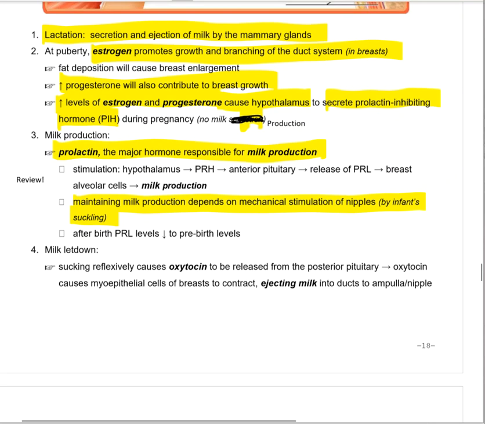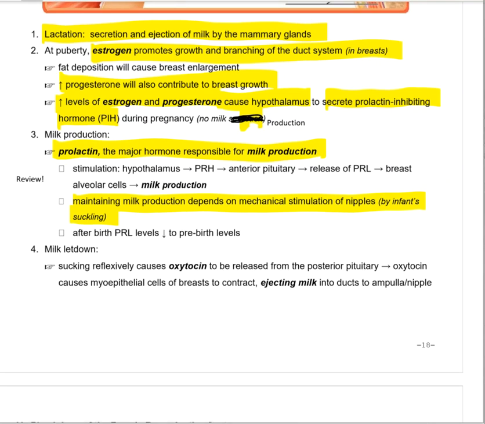That is that part. Now remember, milk letdown, the actual release, so that's the production, and then the release is also due to reflexive suckling, and that is oxytocin, and that is going to be released by the posterior pituitary. And this also, we might as well just write review because this is another thing that you've already learned.